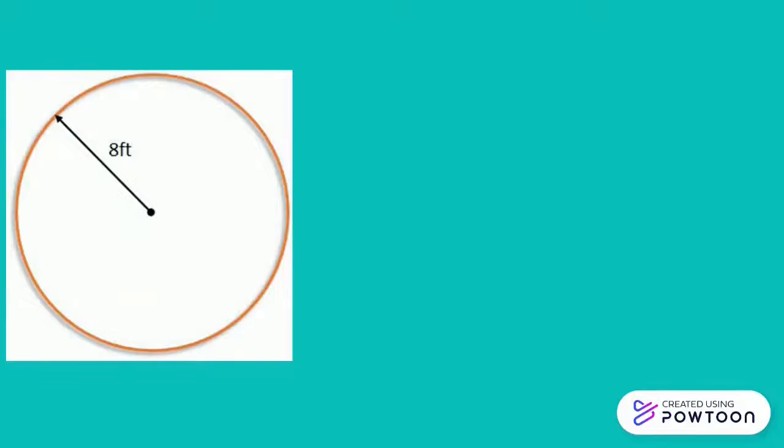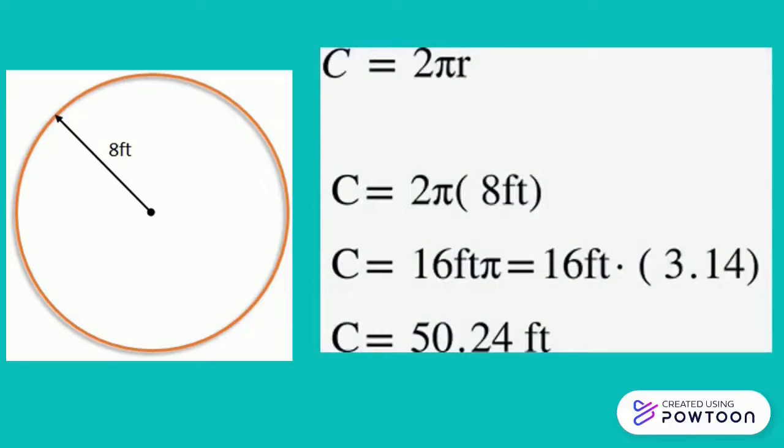Now let's do this sample example of finding the circumference of a circle. So I have this distance given to me, and since it goes from the edge to the center of the circle, I know that this is equal to my radius r. So I can plug it into our formula. Here circumference is equal to 2 times pi times my radius, which is 8 feet.